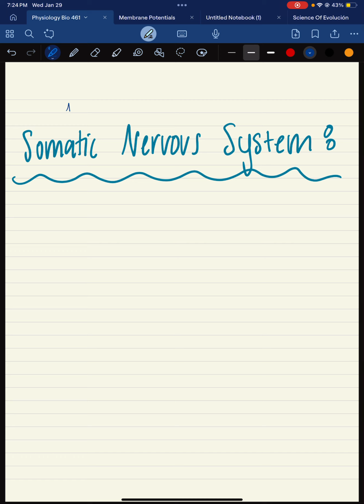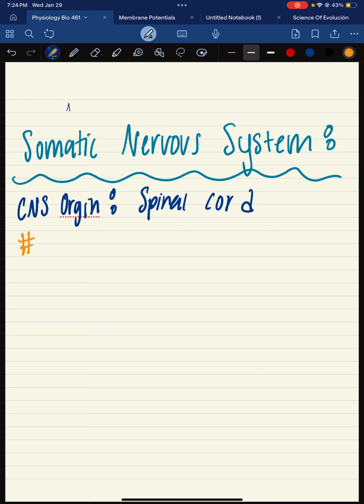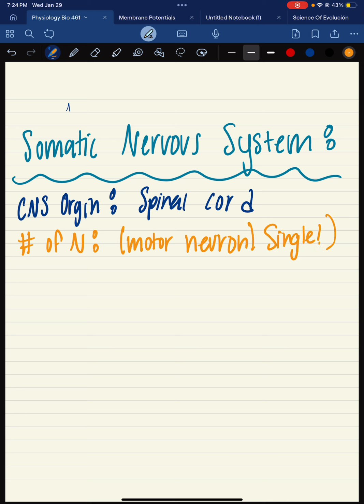Okay, so the CNS origin is the spinal cord. Number of neurons: it's a single motor neuron. And then location of ganglia: none, or no location.